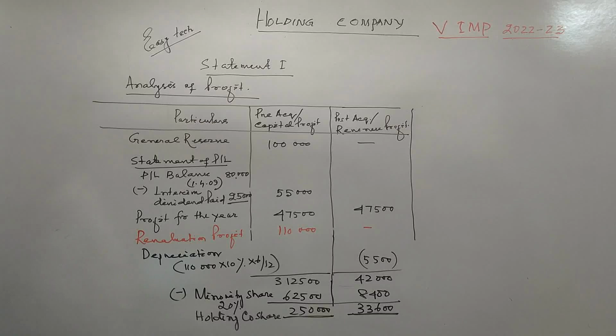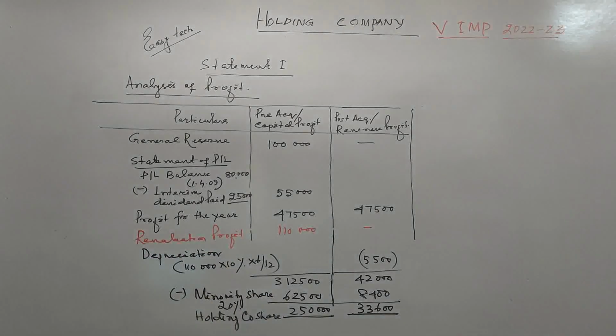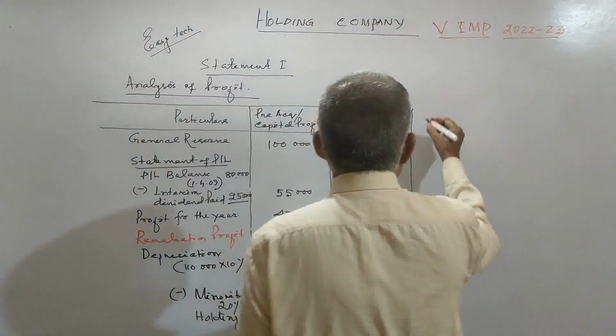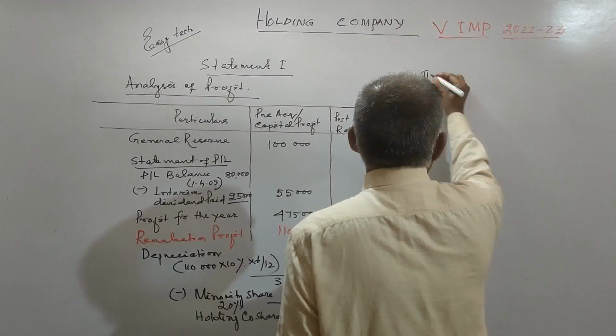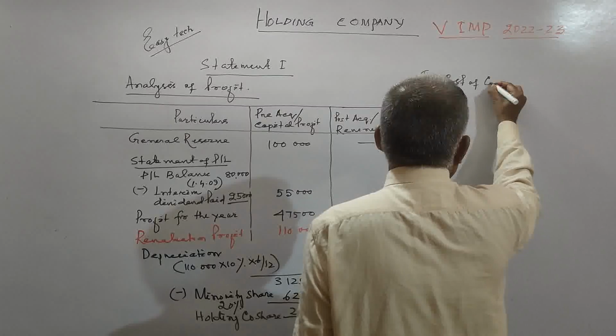So this is your analysis of profit. Now I am going to cost of control. Second statement, cost of control.